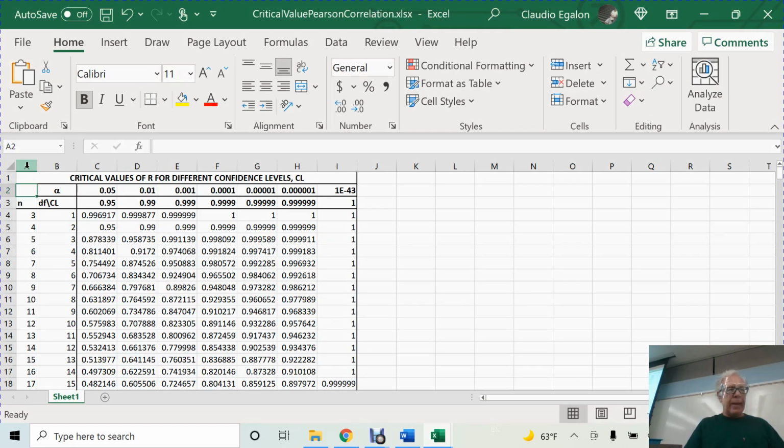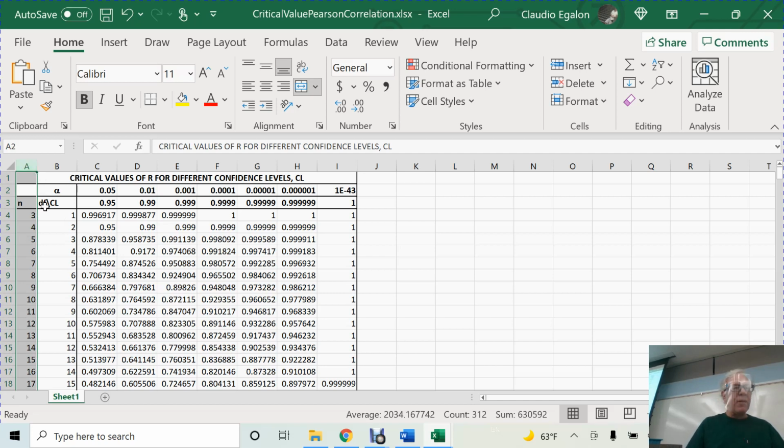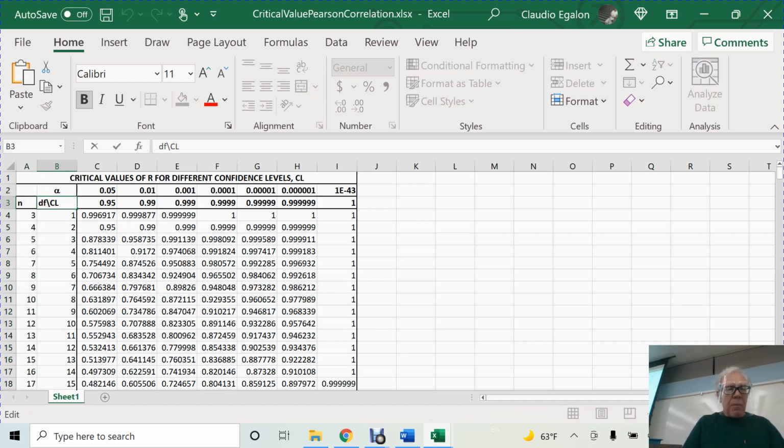N. Then we also have another parameter here that I put, df. Okay? This df parameter means degrees of freedom. It's just there for redundancy's sake. df is related to n. Do you see the relationship between df and n?